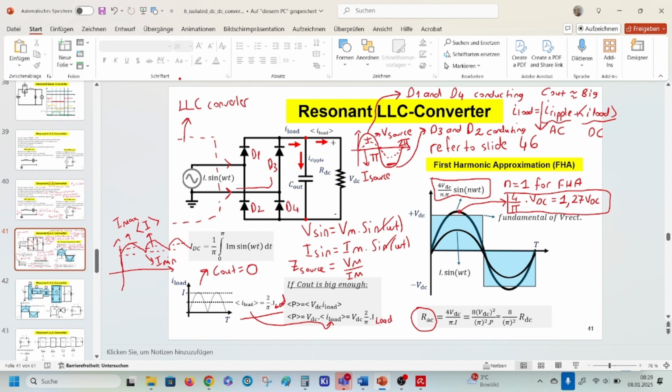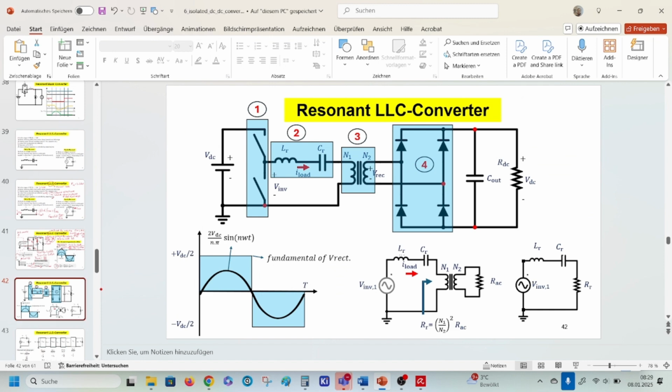That means it would be maybe this portion, the first, second, and third stage of my circuit was here.